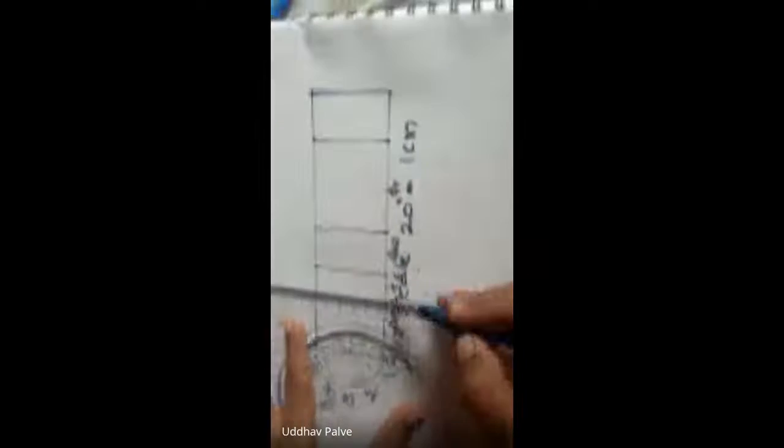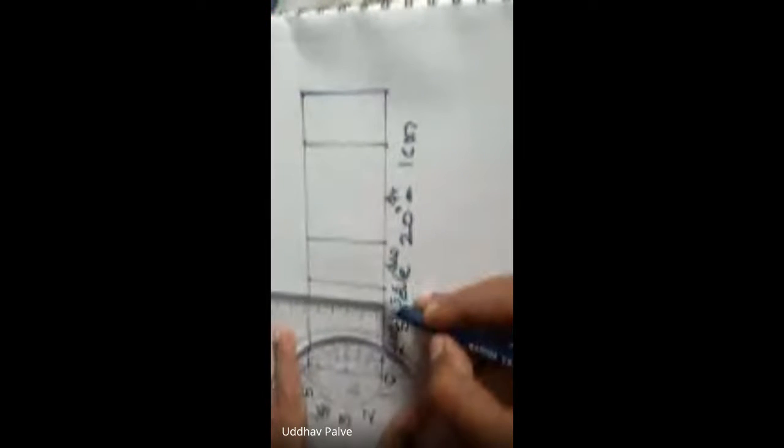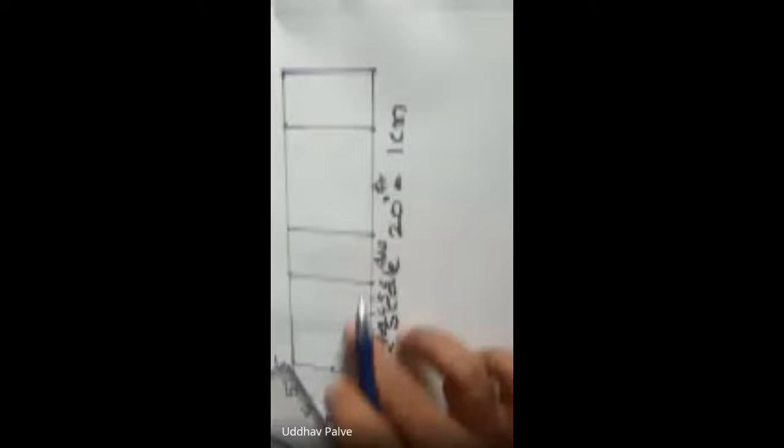Then from each of these divisions, I'm going to draw a vertical line. So this is my first division, second division, third division, fourth division, fifth division. From all the divisions I have drawn a vertical line. Then from the divisions on the circle, I'm going to draw a horizontal line.